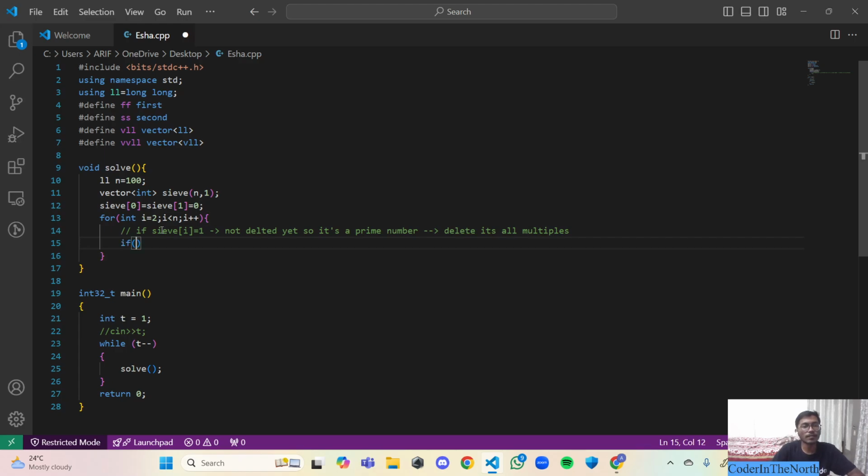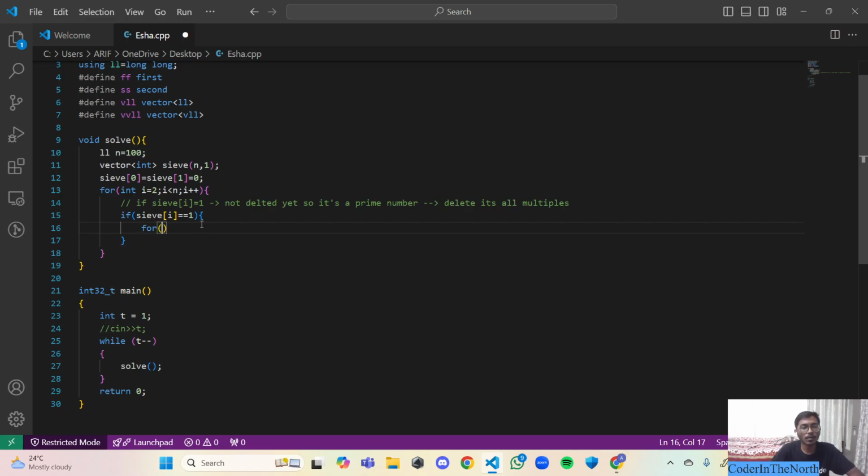So if sieve of I equals 1, now what we'll do, for int j equal to 2 into I. Like, what will be the next first multiple? It will be of course 2 into I. Okay, j is less than n, and we'll jump with the gap of I.